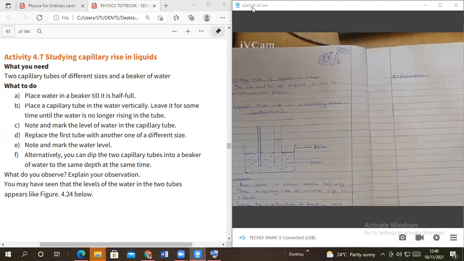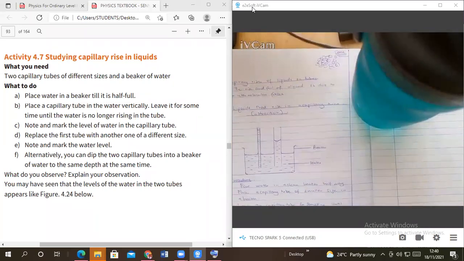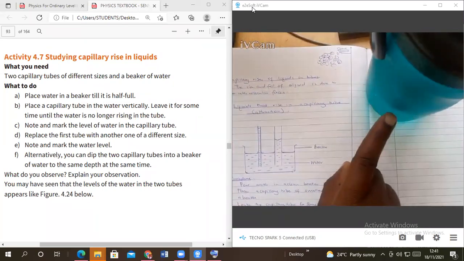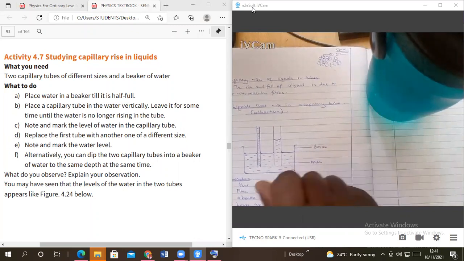Okay. Now, Pav, let me give you this scenario. I don't know whether you are seeing, this is my water bottle, and I think you can see the level of water is here, isn't it? Are we together? Yes.